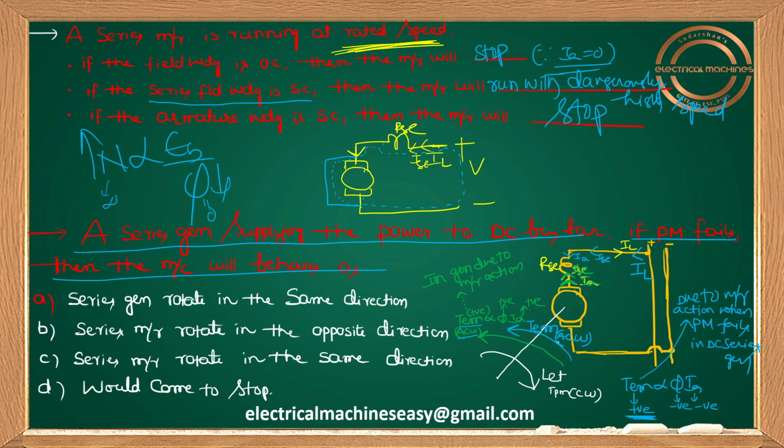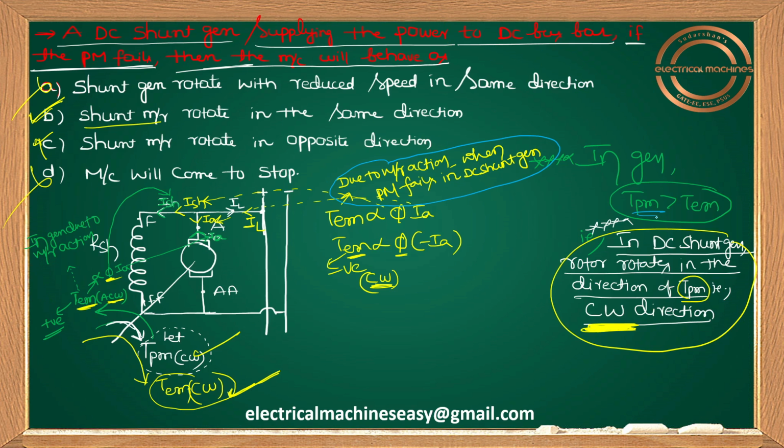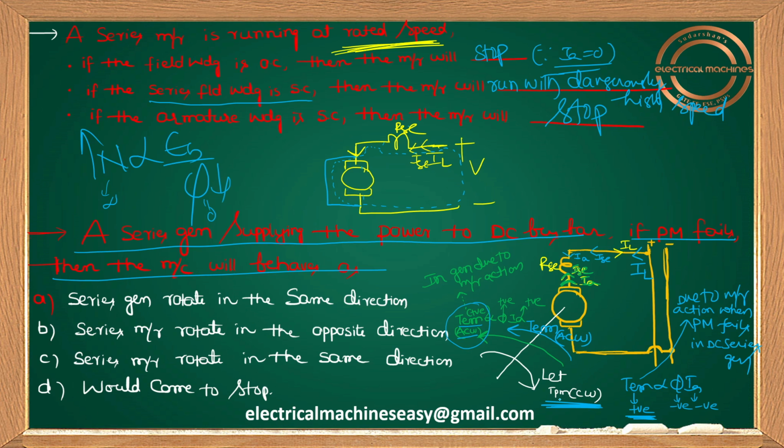But while giving the answer, you have to compare the blue electromagnetic torque direction with the prime mover direction. Initially it is a generator, and in a generator, among TPM and Tm, TPM should be more for generator action. So in the generator, the rotor rotates in a clockwise direction, which is our reference direction. Now when the prime mover fails, it acts as a series motor and the rotation is in the anti-clockwise direction.